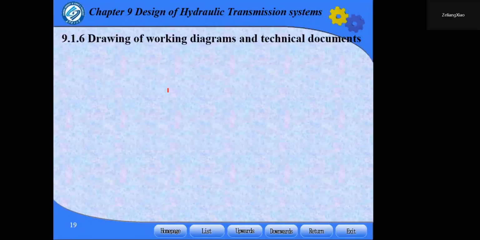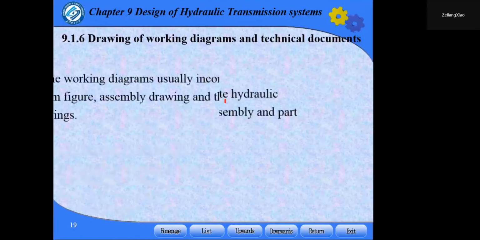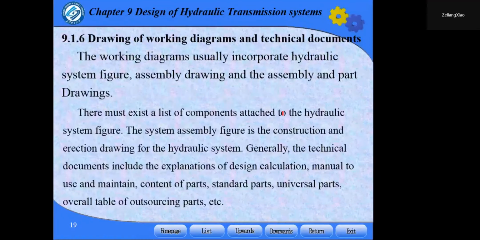Then we should draw the working diagram and technical documents. Working diagrams must incorporate the hydraulic system figure, assembly drawing, and the assembly parts. There must be a list of components attached to the hydraulic system figure.